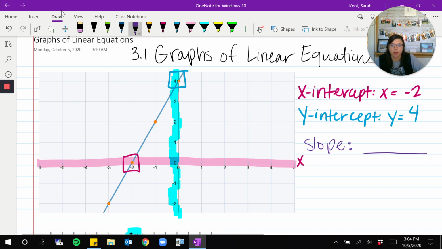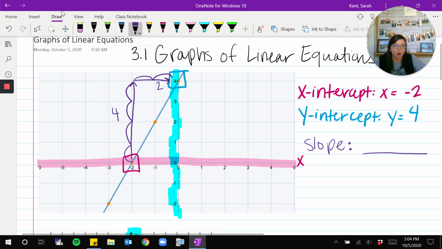So here I'm going to think about how many up did I go and how many over did I go. So if I start at -2, here I would count up 1, 2, 3, 4. So this is up 4 and then over 1, 2.